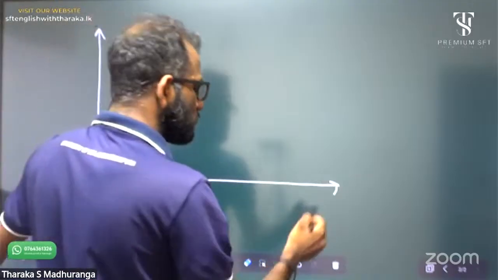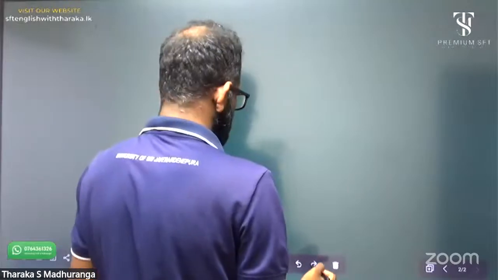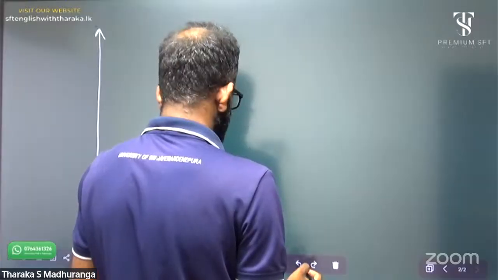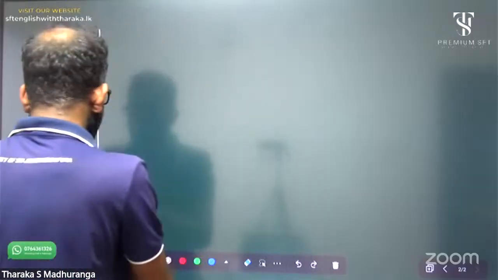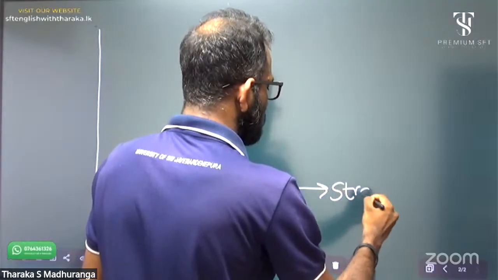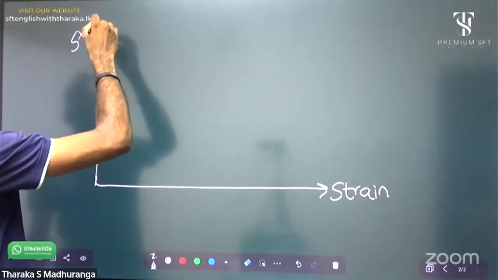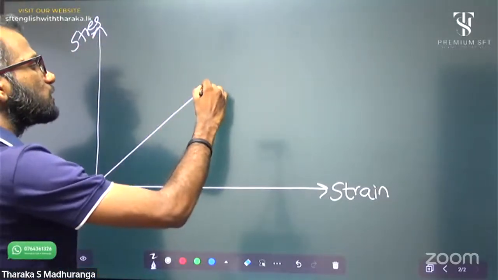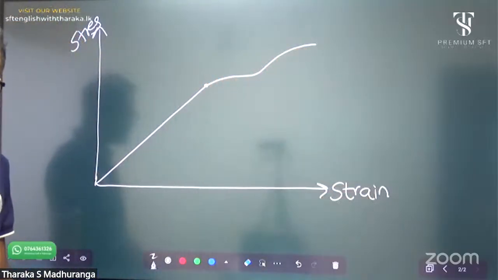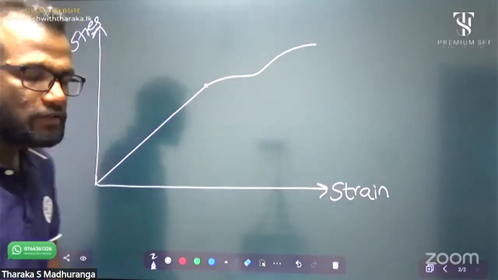If you get the relationship between strain and stress, you can get a graph like this. This is the shape of the graph. What is the name of each point on it?